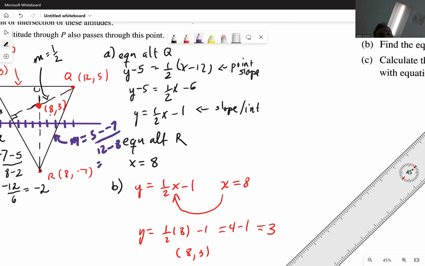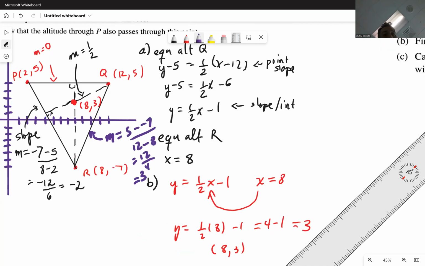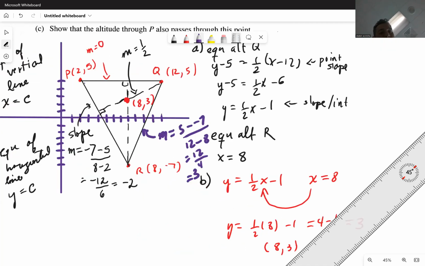That comes out to be, and it's getting kind of sloppy here, I'm sorry about that, 5 minus -7 is 12, over 4 comes out to what? 3. So therefore, the slope that's perpendicular to that is what?